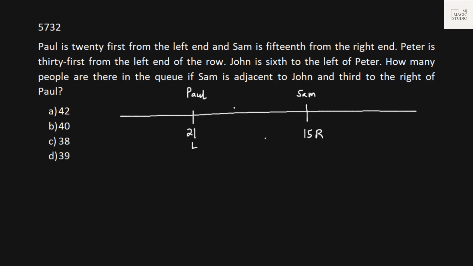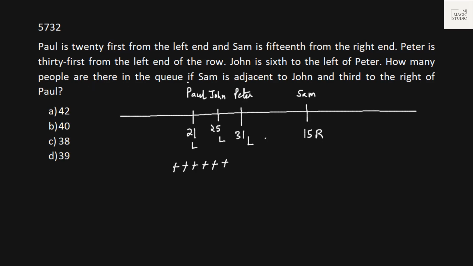So this is 21st, 31st, Peter. John is 6th to the left of Peter: 1, 2, 3, 4, 5, 6. So this is 30, 29, 28, 27, 26, 25th. John is 25th from the left.